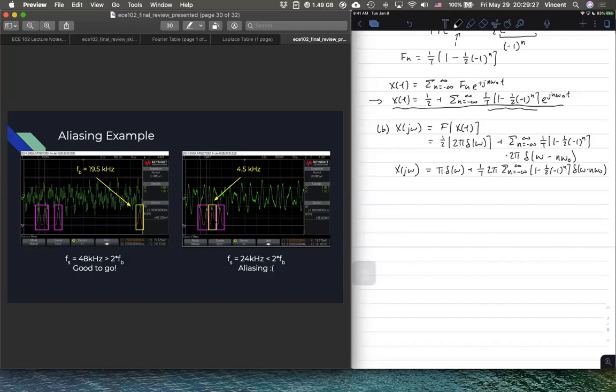It interpreted that signal wrong because you didn't have a high enough sampling frequency. You can see here in green, the time domain function is a lot smoother, as opposed to when you use a higher sampling frequency, where the function is much rougher and you can see more detail, right? So this didn't capture enough detail and it got this signal wrong. That's why it's important to choose a sufficient sampling frequency.